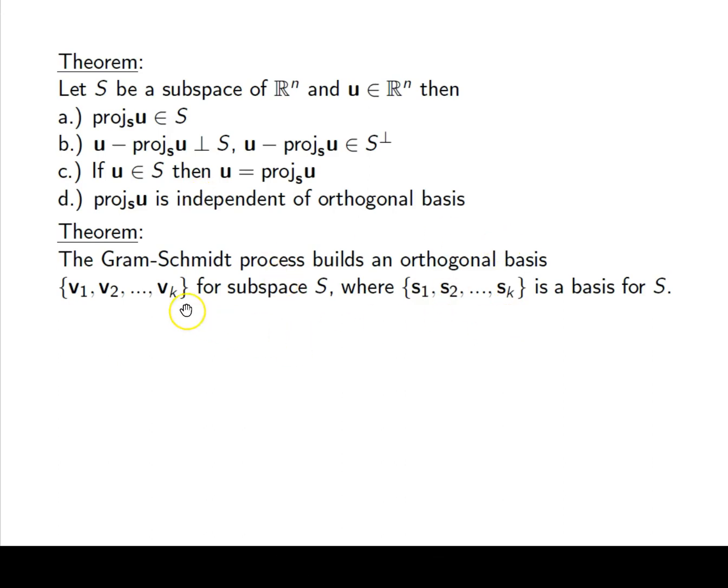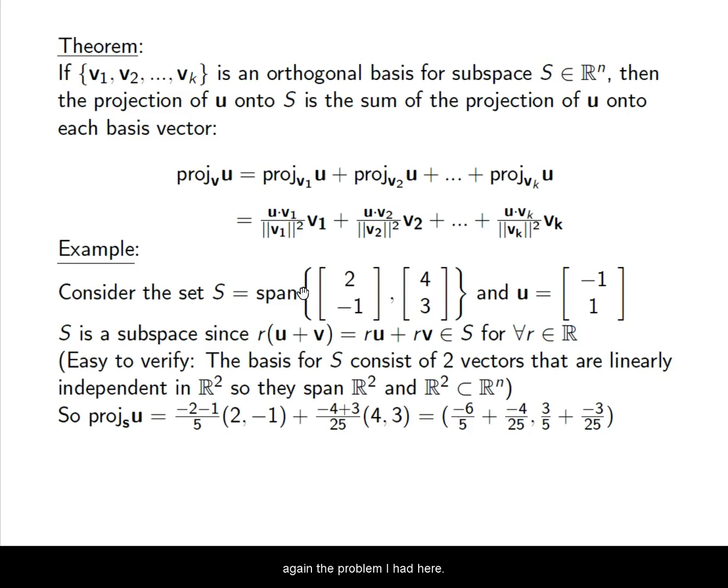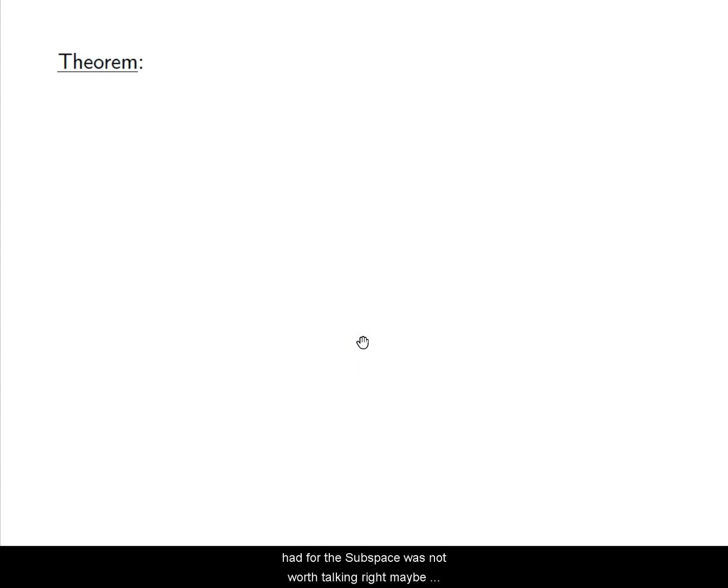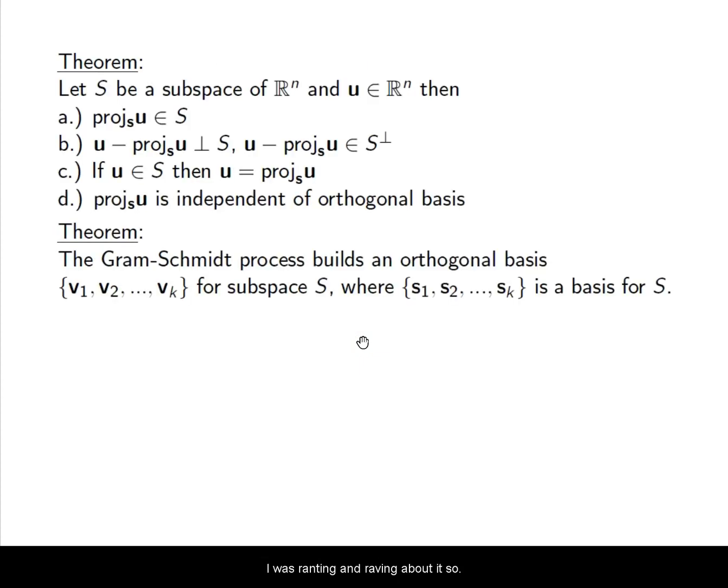Let's say that we wanted to build an orthogonal basis. The problem I had here was that this was not orthogonal. I could still do this problem, but in order for me to do it, this would need to be an orthogonal basis. My problem was that the basis I had for the subspace was not orthogonal. But I can build an orthogonal basis given a basis that is not orthogonal.